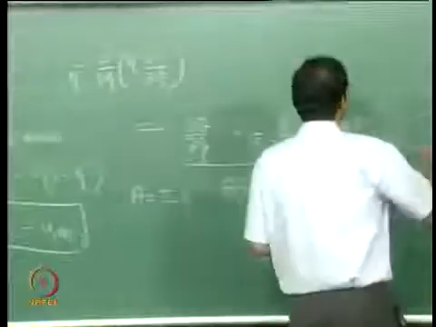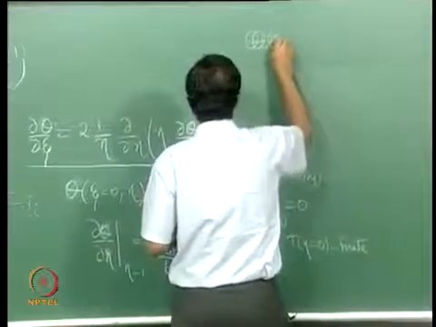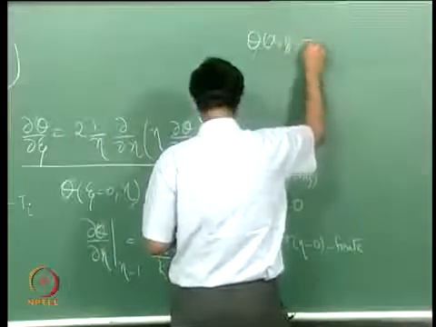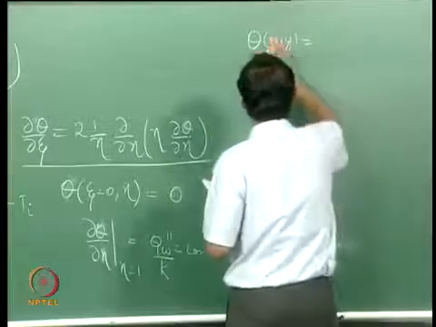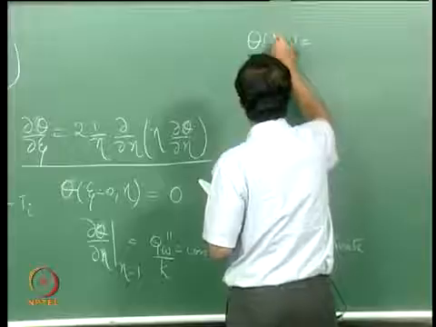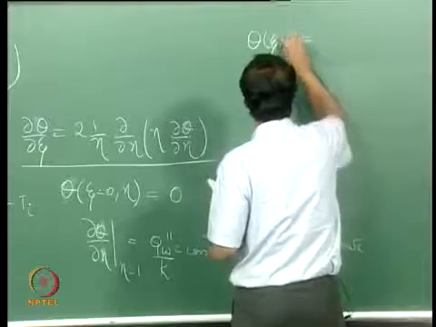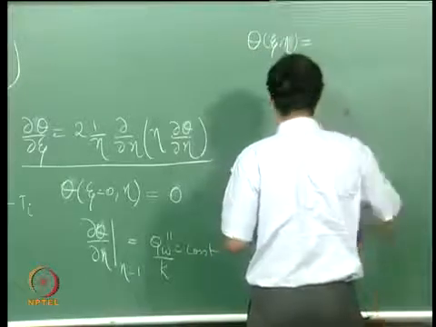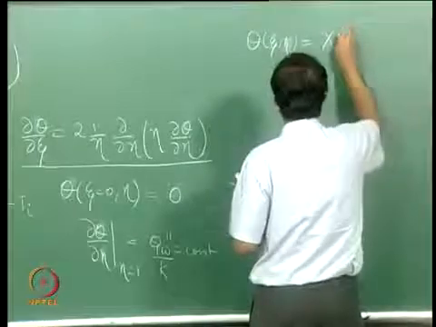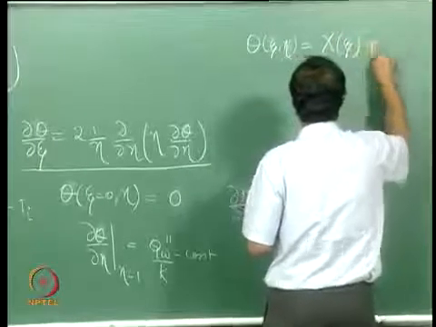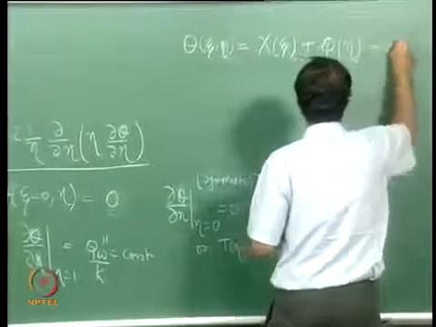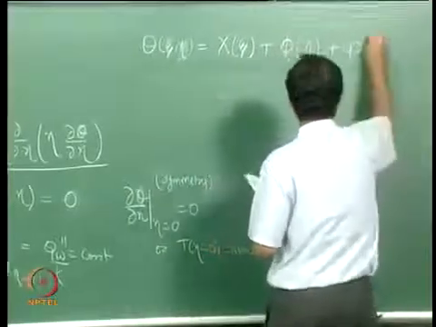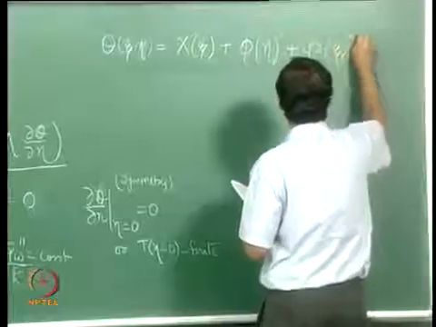Now I am going to assume that theta of zeta comma eta can be written as some capital X which is a function of zeta, plus phi which is a function of only eta, plus a perturbation which is a function of both zeta and eta.